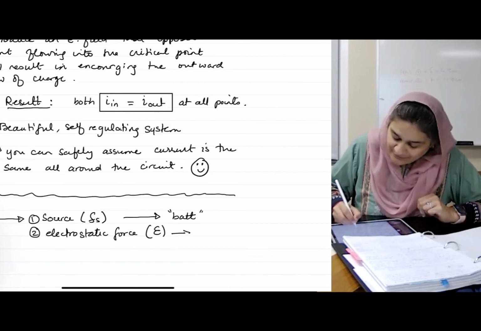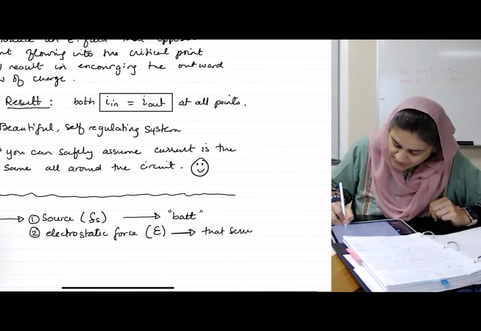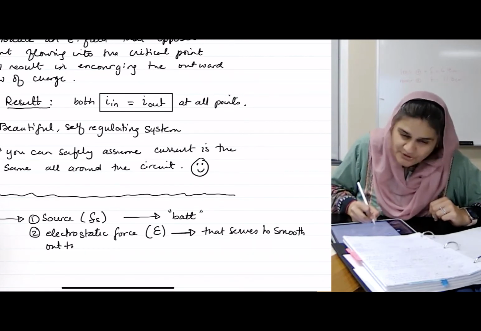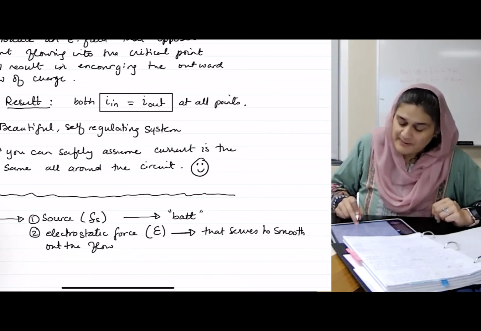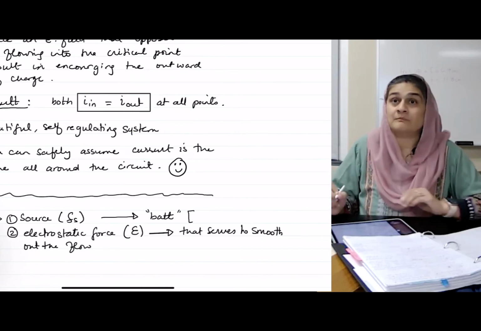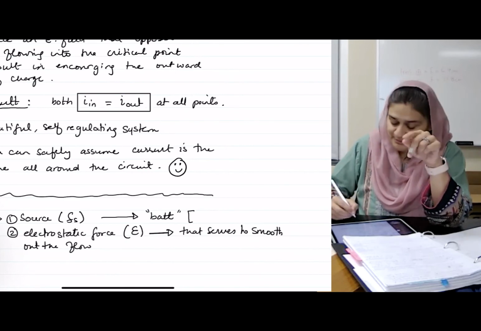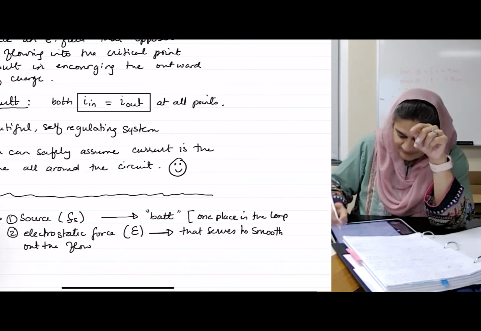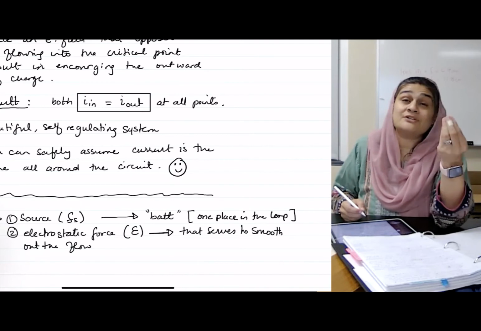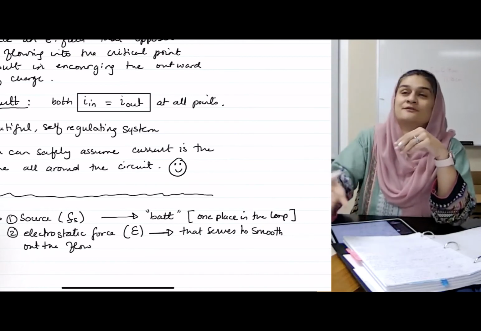And the electrostatic force serves to smooth out the flow. Okay, the battery is only one place in the loop, whereas the electrostatic force is responsible for the actual current flow through the loop.